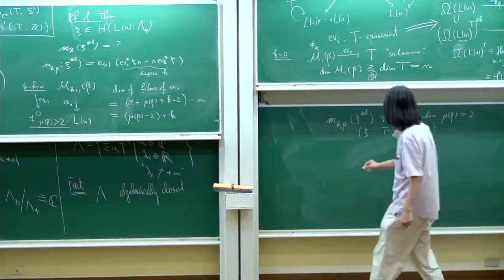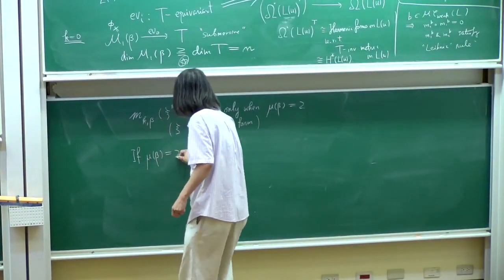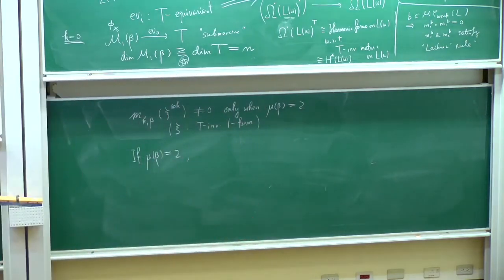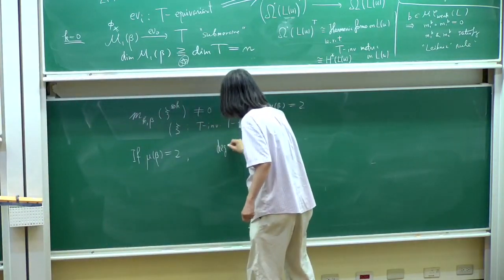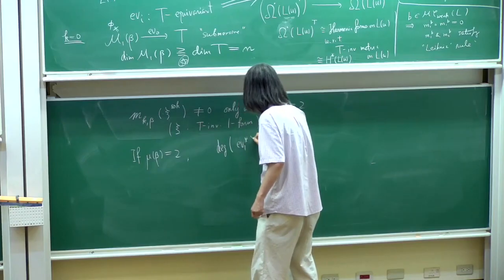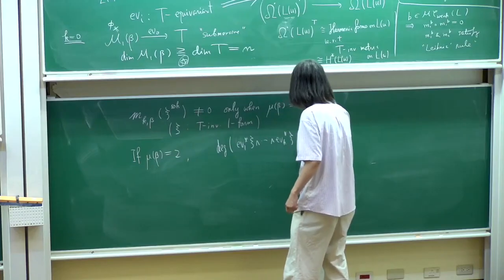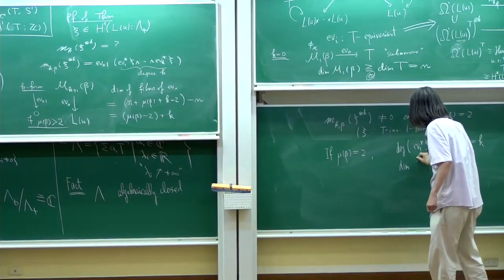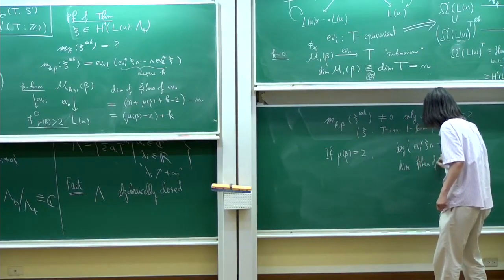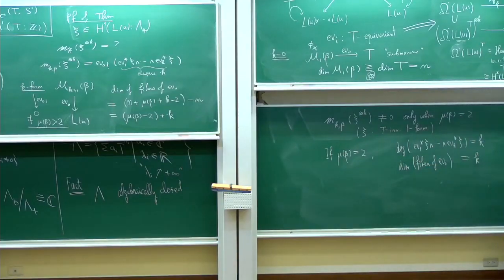And if mu beta is equal to 2, what happens? And then this is a k form, and the fiber of the dimension. So the degree of this F1 star C wedge Fk star C is just equal to k, and the dimension of the fiber of this F0 is equal to k, right?